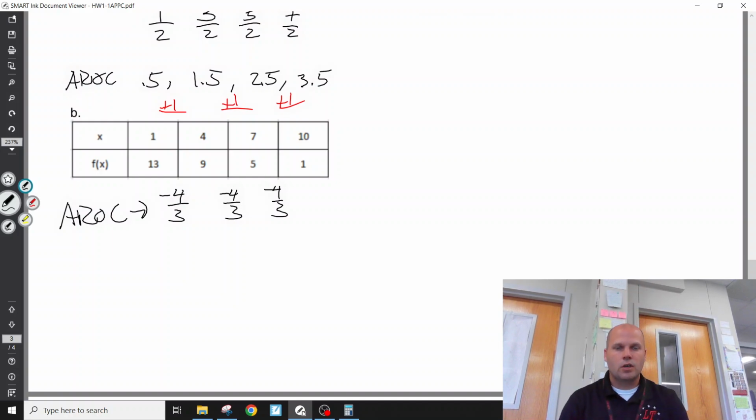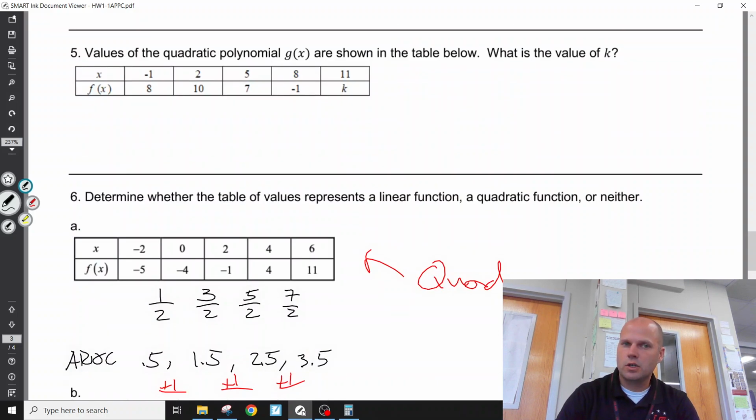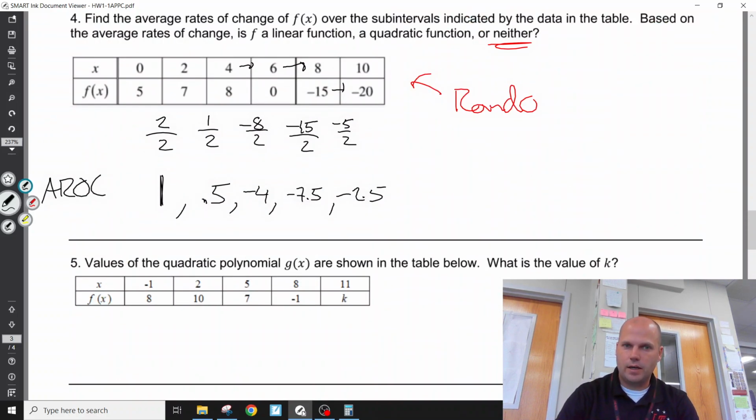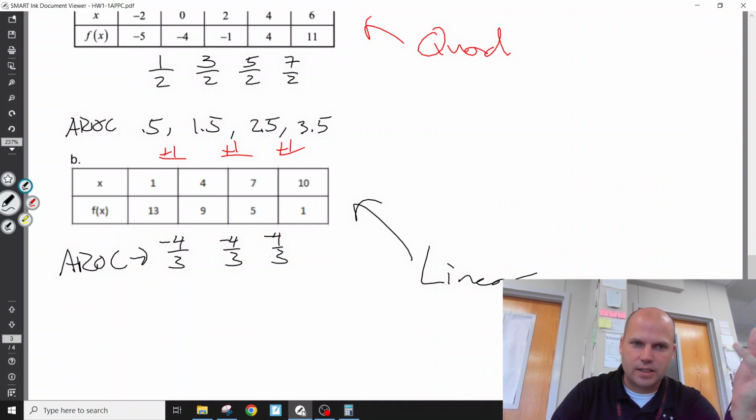We can see those things are constant. Boom, you're linear. If you don't see a consistent pattern of rates of change, it's a neither. It's a rando. If there is a consistent linear pattern of the rates of change, it's a quadratic. If the rates of change are constant, it's a linear.